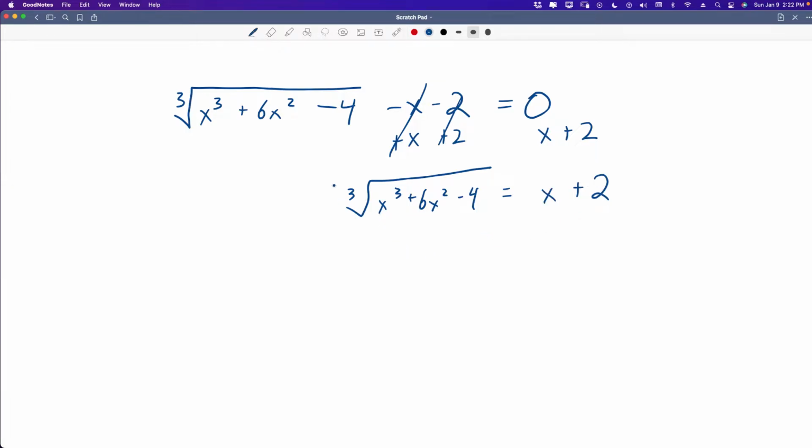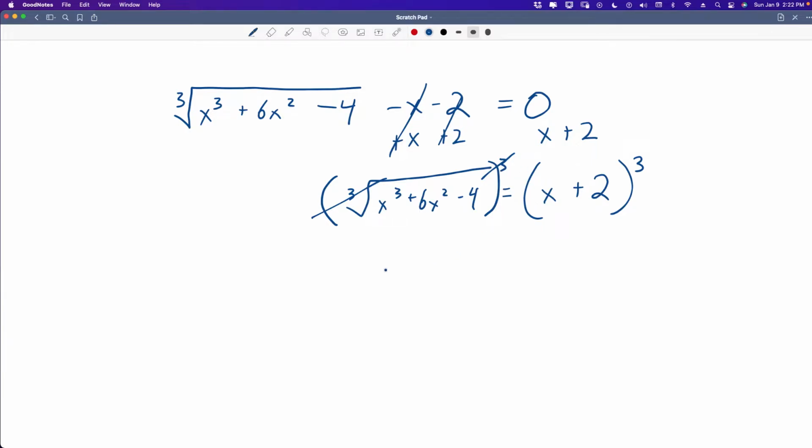We are going to counteract this by raising it to the power of 3, which makes the 3 here and the radical symbol cancel out. We do the same thing to the other side, because we have to keep the equation balanced. So that's what we're going to do.